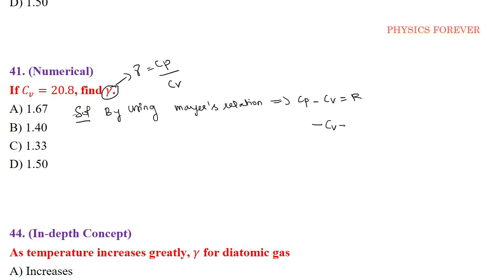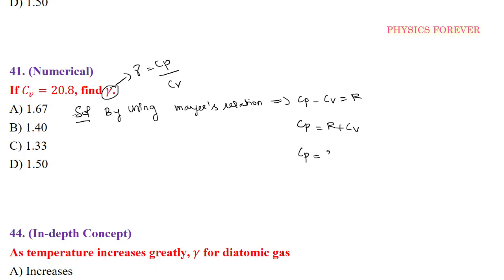Cv is given, we have to find Cp only. Cp is equal to R plus Cv, taking Cv to the right side, minus becomes plus.